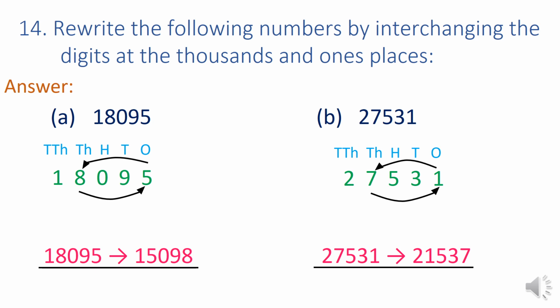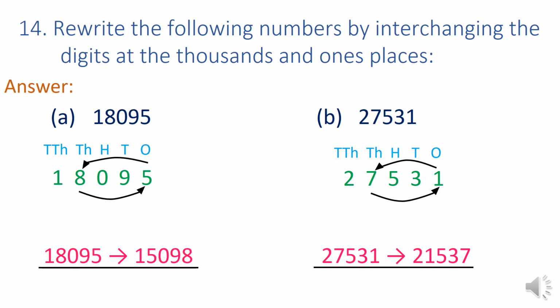So, for getting the answer, interchange the digits. That is, write 5 in the thousands place and write 8 in the ones place. So the number 18,095 becomes 15,098.